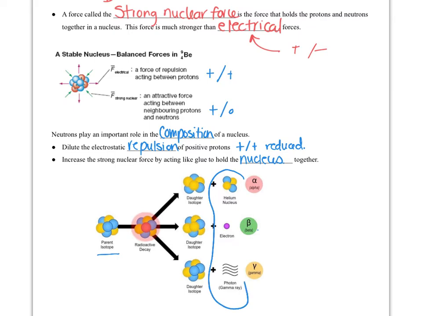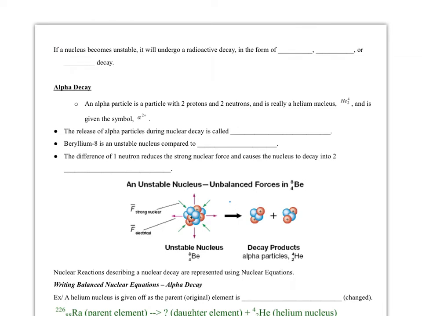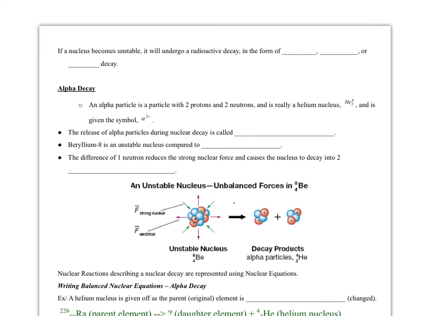But the particle they're giving off is represented here. So what you need to know is that if a nucleus becomes unstable, it will undergo a radioactive decay in the form of either alpha, beta, or gamma decay.